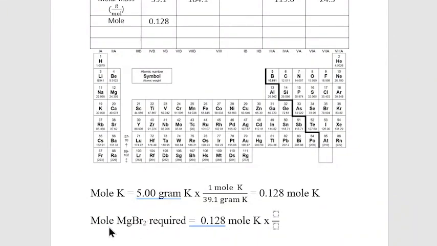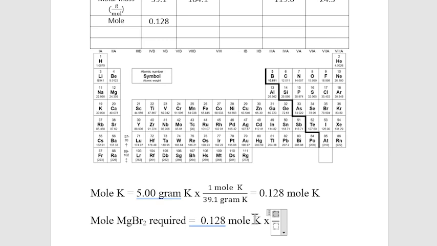Now we need to find this mole for magnesium bromide. What I wrote down here is moles of magnesium bromide required. That's the number that we're going to have to react with all of the potassium, 0.128 moles of potassium. So 0.128 moles of potassium times our relationship between the potassium and magnesium. What we want on top, on the numerator, is the magnesium bromide.